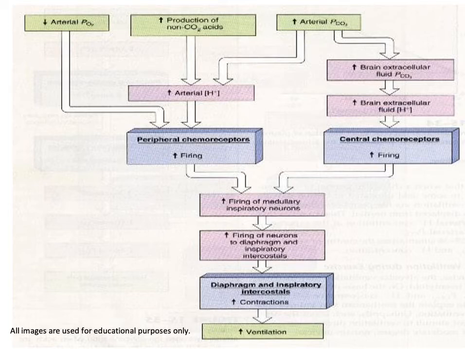So the activation of the peripheral chemoreceptors and also the central chemoreceptors means more impulses will be produced, so more firing. Impulses will be sent to the medulla inspiratory neurons.